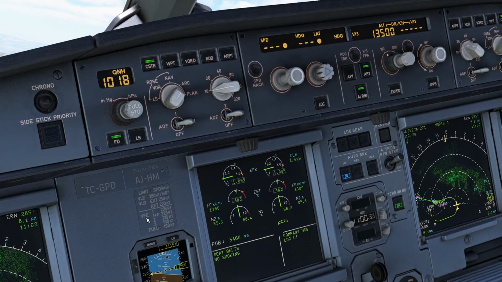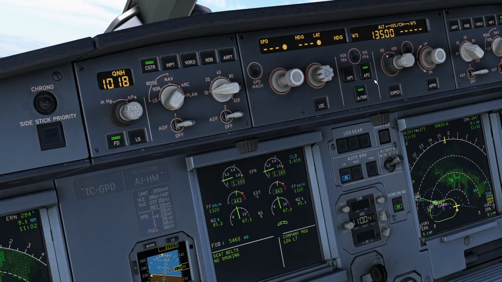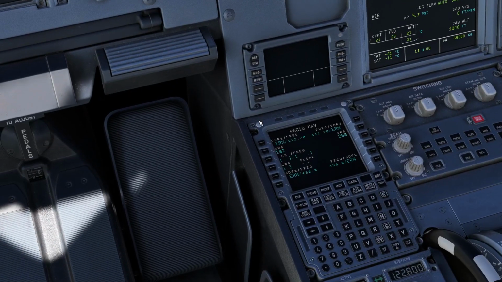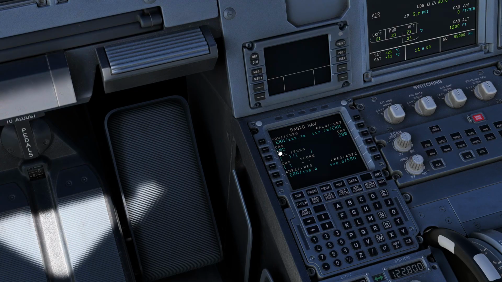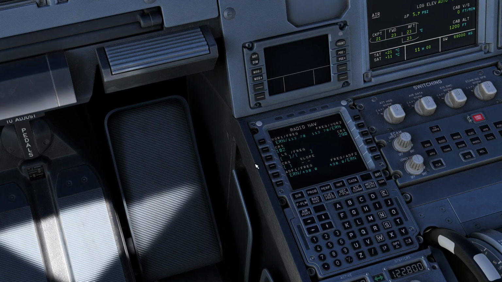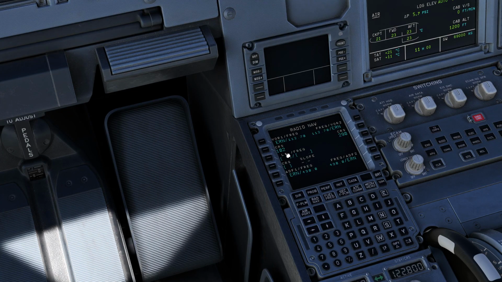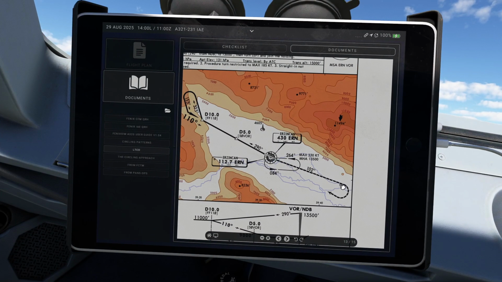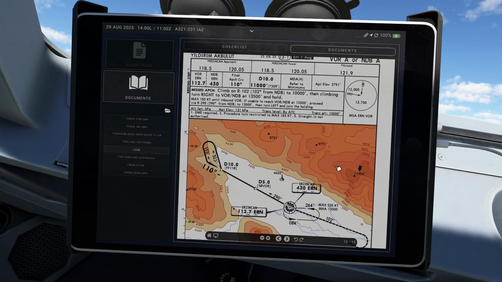Today the pilot flying is the right seat pilot, and also I inserted the final course for the monitoring pilot, which is the left seat pilot, 102. 102 is actually the missed approach radial.